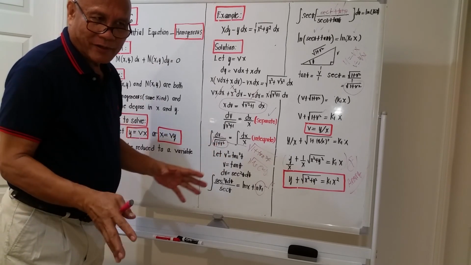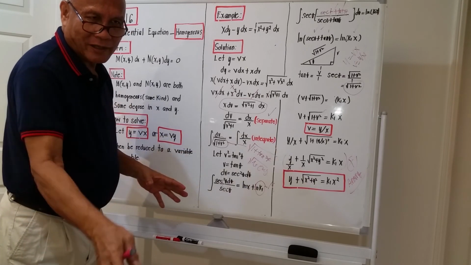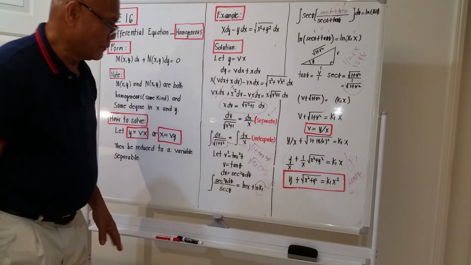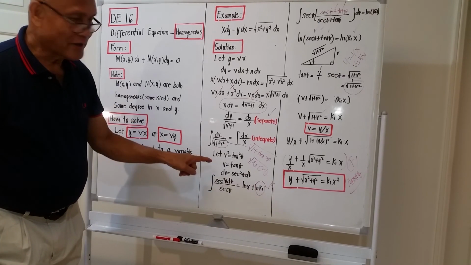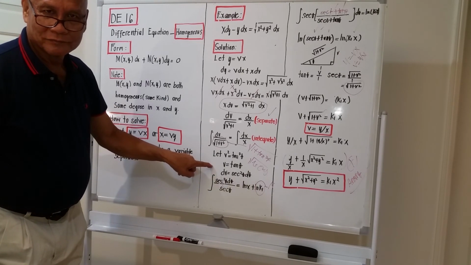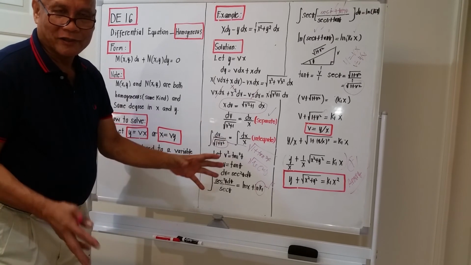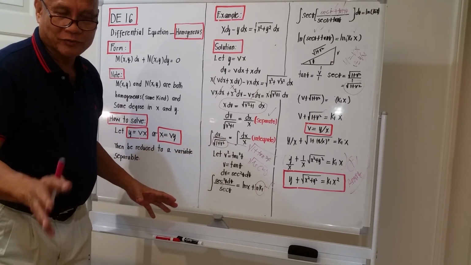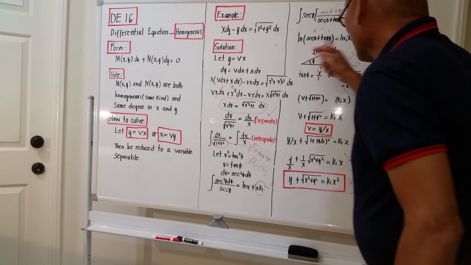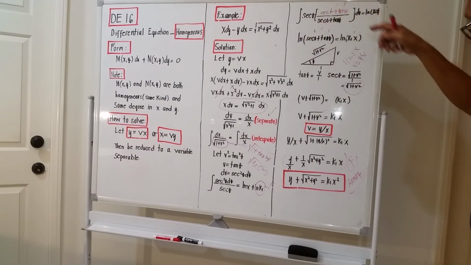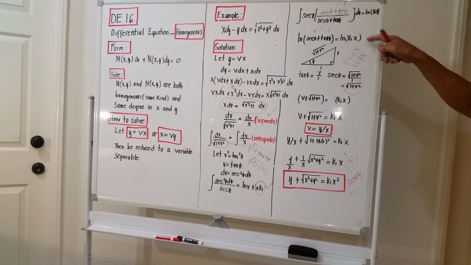Whatever integration comes out, bring out your knowledge of integration. And unluckily for the left-hand side, it's a trigonometric substitution, a little bit complicated. If you do not know your trigonometric substitution, you're cut. Natural logarithm of secant theta plus tangent theta equal to the natural logarithm of k1x.